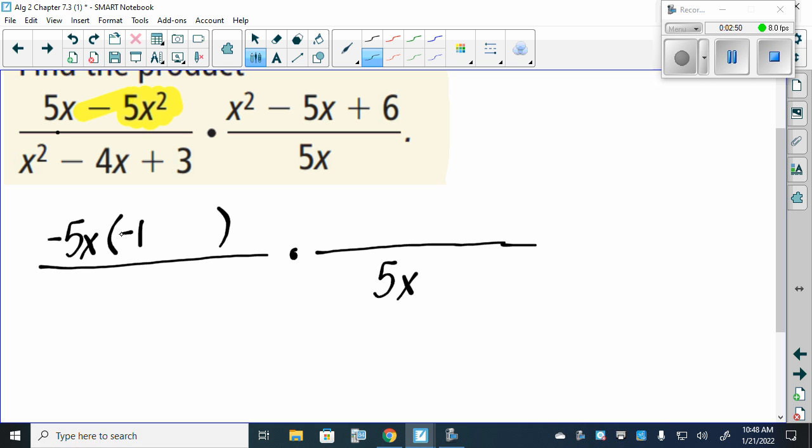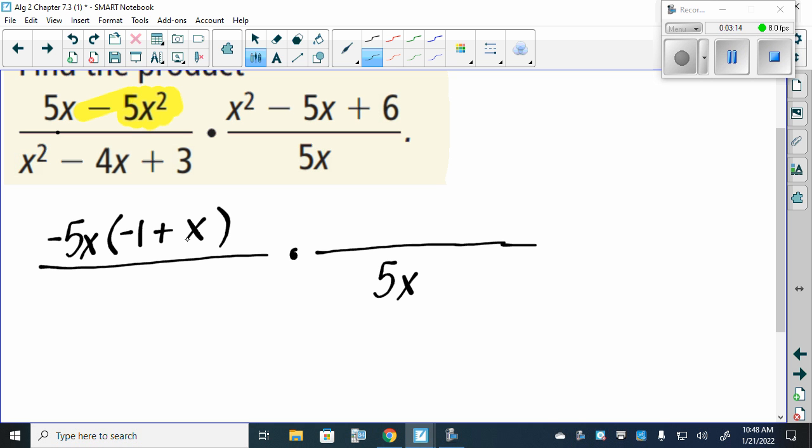Since it was positive to begin with and we factor out a negative, it's going to become negative. Now for the next one, negative 5x squared. Well, we factor the negative out, which is going to make it positive. The 5 factors out completely. And we take 1x away from x squared, which leaves us with an x.